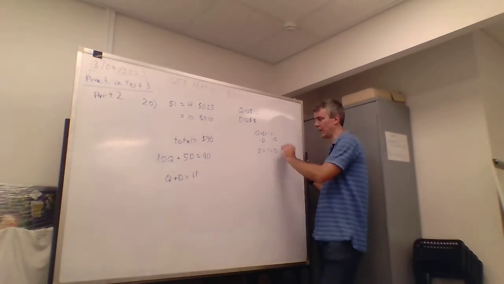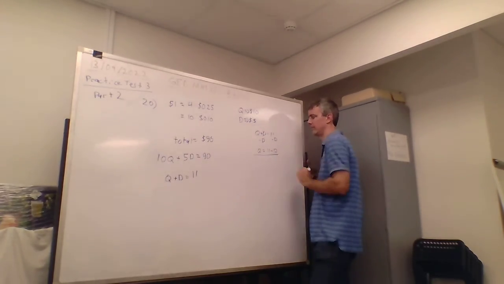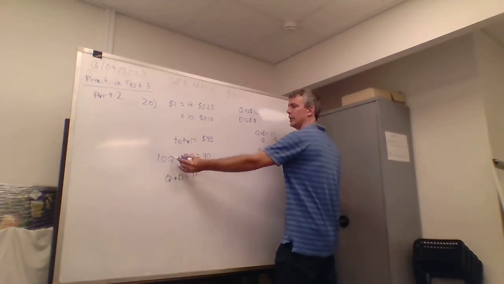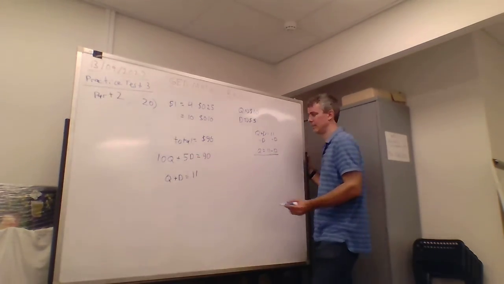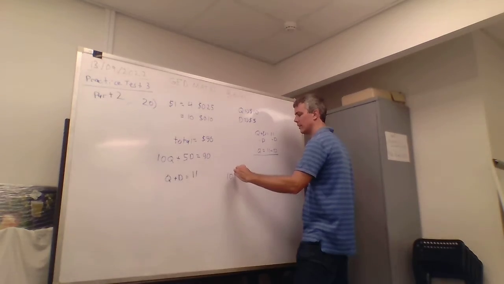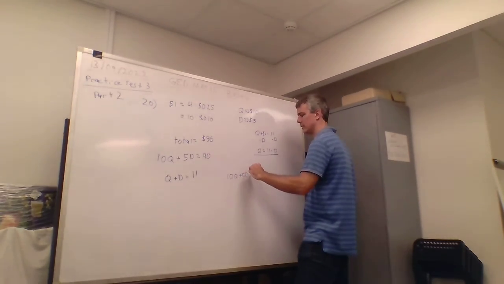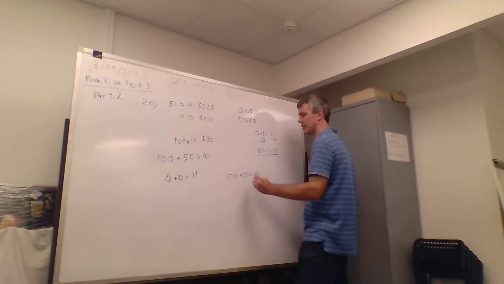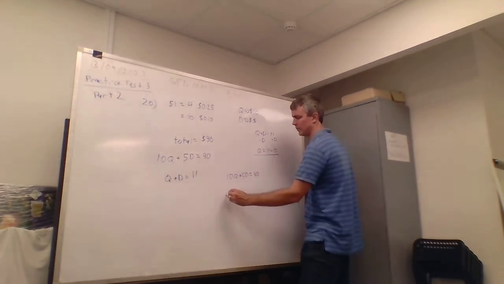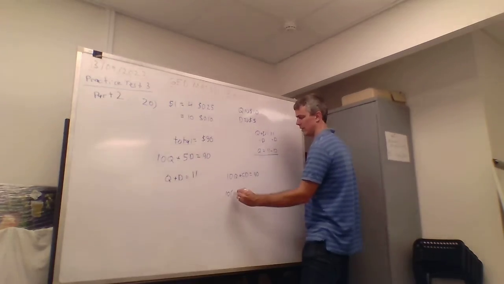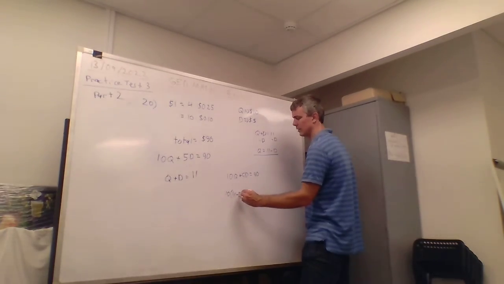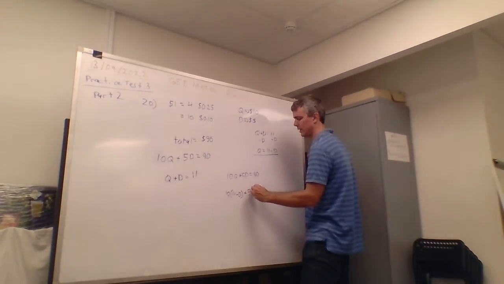Okay, so we have this here. Now we can put Q in here. So if 10Q plus 5D equals 90, Q is this. So it becomes 10 times (11 minus D) plus 5D equals 90.